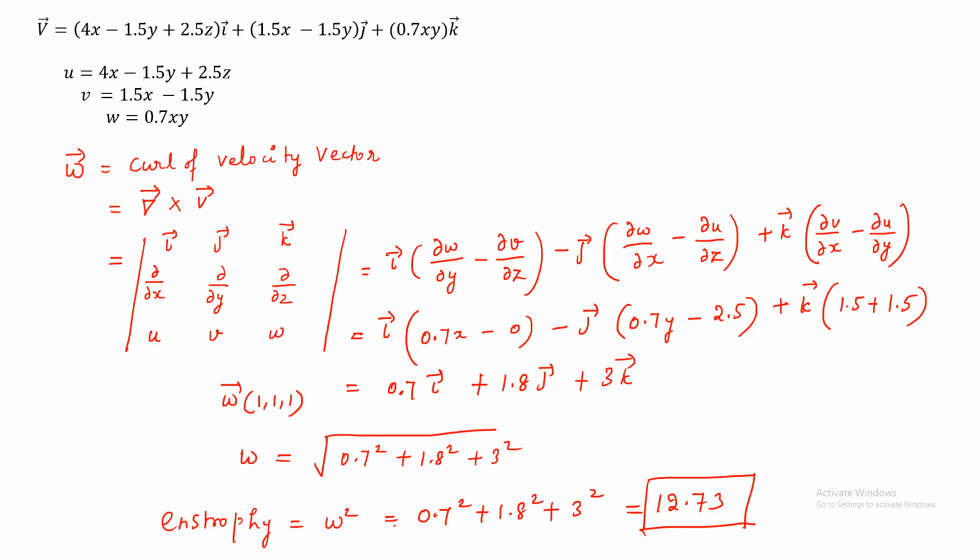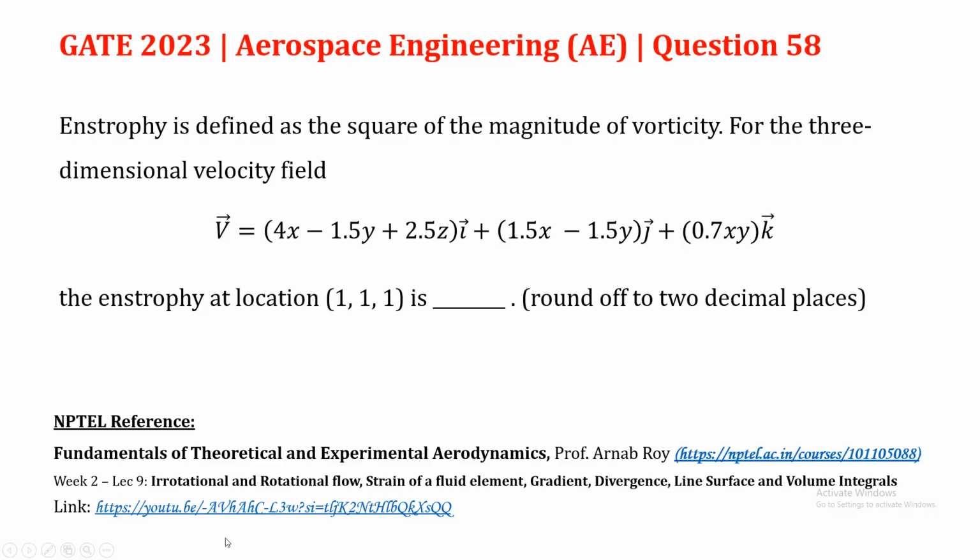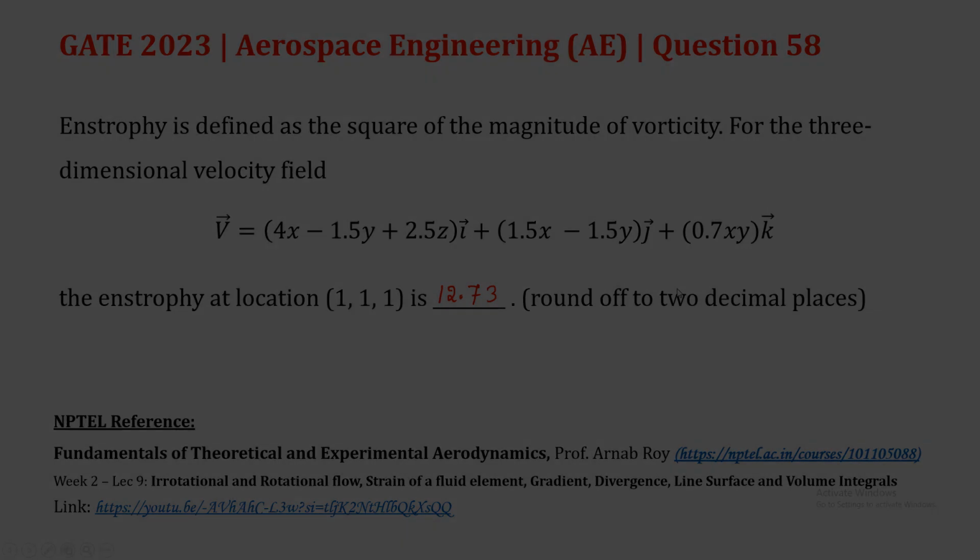So this is the answer. Let's go back: the entropy at the location (1, 1, 1) for this particular velocity field is 12.73. Okay, that's all for this question.